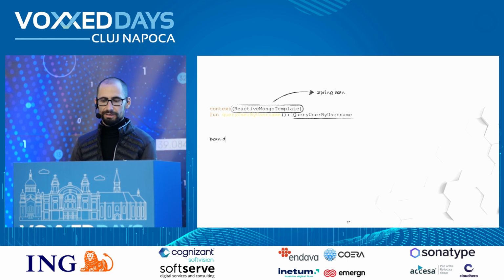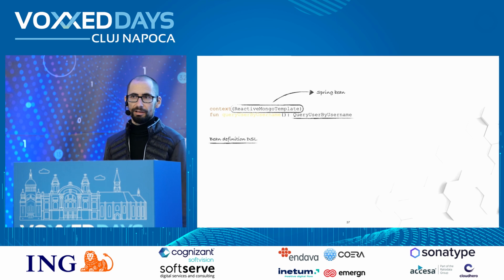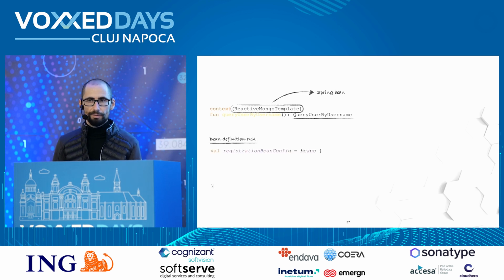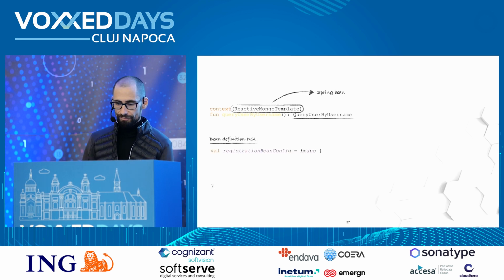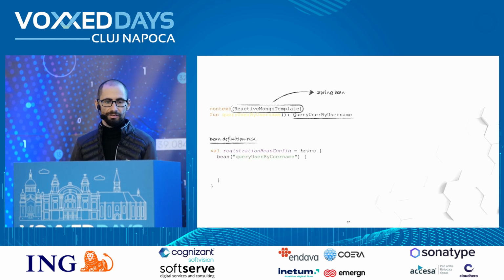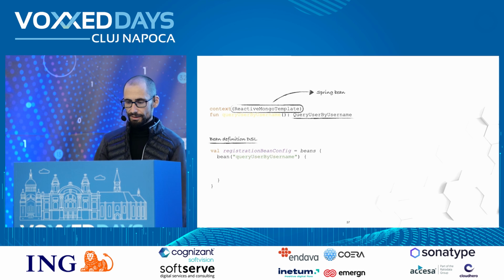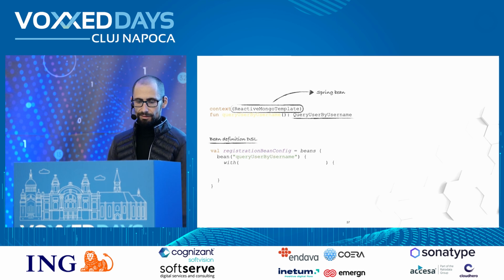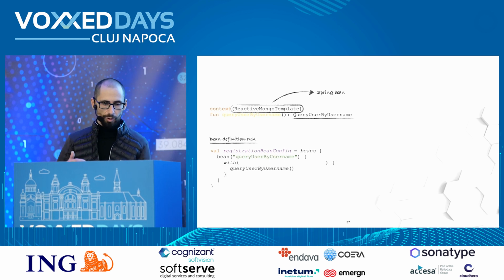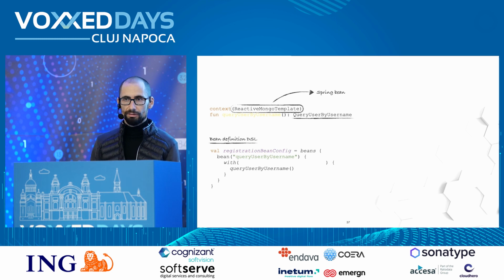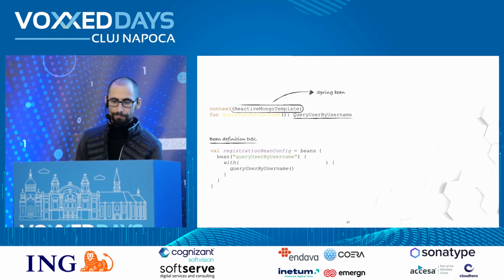They give us a bean definition DSL that will allow us to create Spring Beans without any kind of annotations. Inside the beans block, we can define a named bean. And inside the bean block, we can create our function as a Spring Bean.